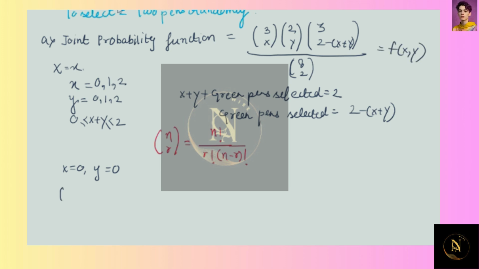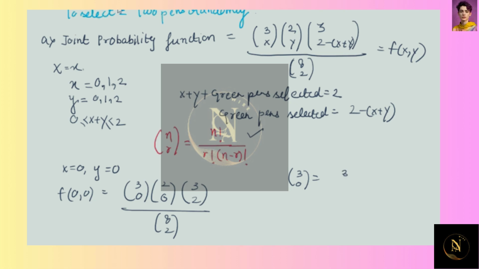So our f(0, 0) would be equal to 3c0, then 2c0, then 3c2, because x and y are 0, divided by 8c2. Let us find the values using this formula. Our 3c0 would be equal to 3 factorial upon 0 factorial and (3 minus 0) factorial, which equals 3 factorial over 3 factorial, so we get 1. Similarly for 2c0 also we'll get 1 only.